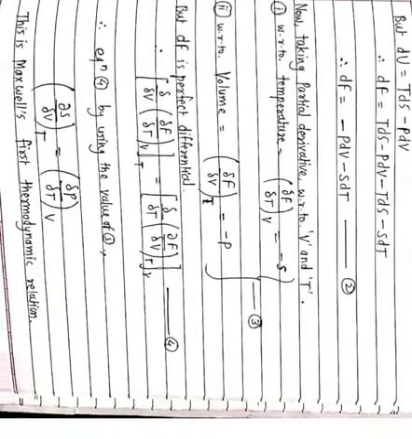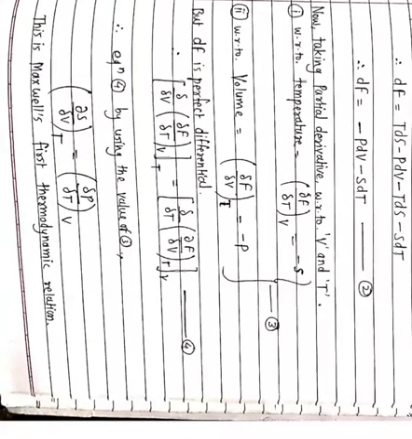Now taking partial derivatives with respect to V and T, we get two equations. With respect to temperature, ∂F/∂T at constant volume is minus S, and with respect to volume, ∂F/∂V at constant temperature is minus P. This is equation number 3.